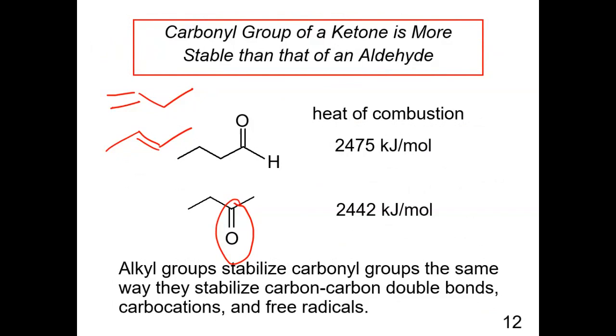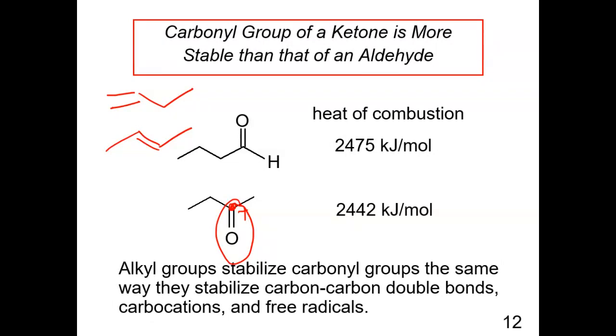This can be justified by the carbonyl group. Because this carbon is positively polarized, as we know, it is much more electron hungry than the carbon in the alkene. Because the carbon is more electron hungry, each alkyl group provides more stabilization.